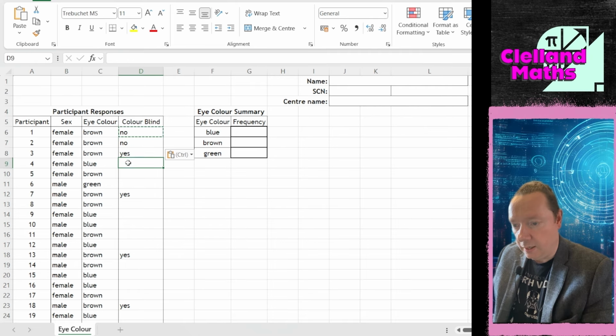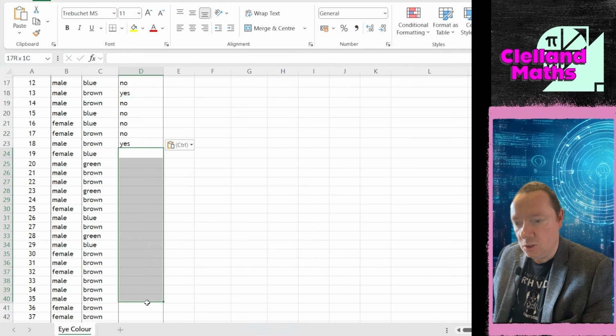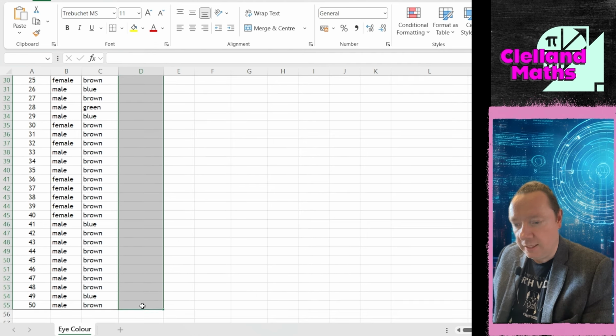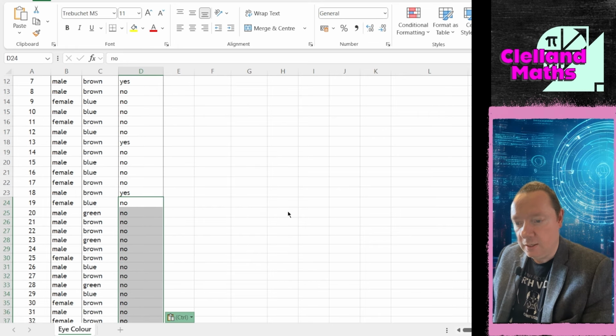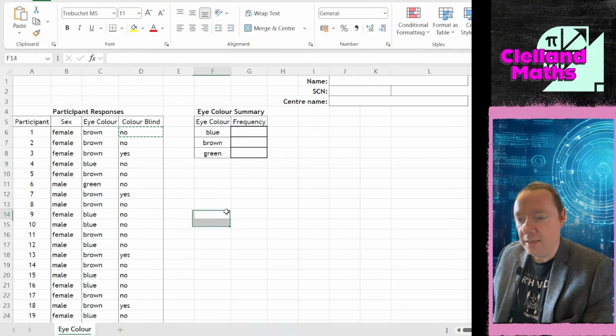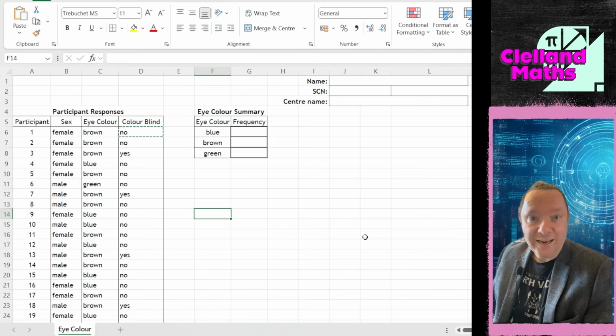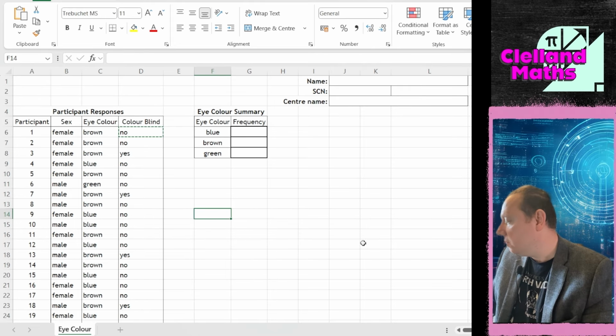I'm just going to copy into all the spaces by highlighting them. Every time I see a gap, I'm just going to skip it and start again. Control V and Control C I'm using here. So Control C copies and Control V pastes. And we get it all in pretty quick, instead of just typing it, because that would be really inefficient. You could also use Y N if you prefer, or any other thing that you know would mean yes and no.